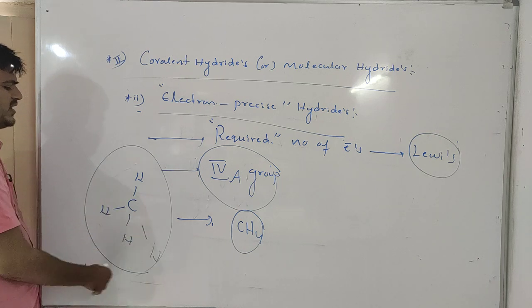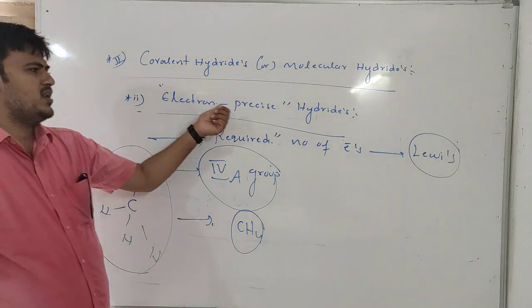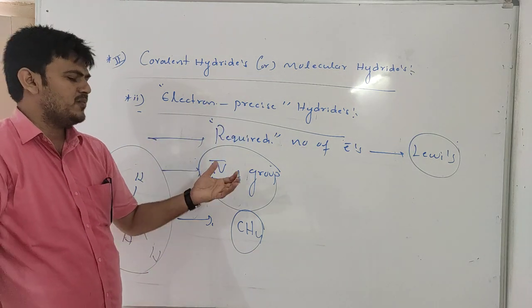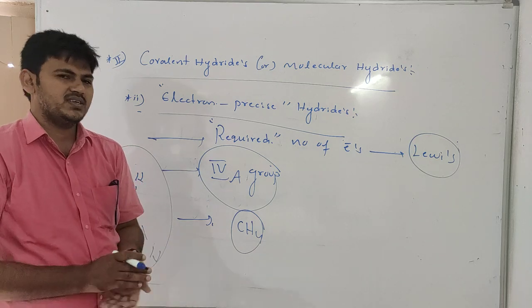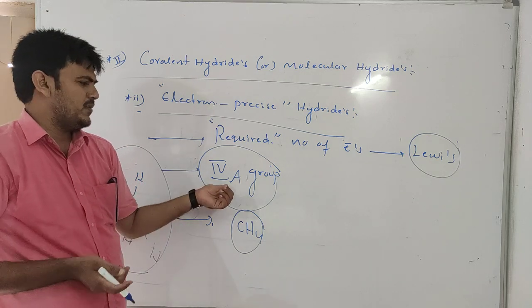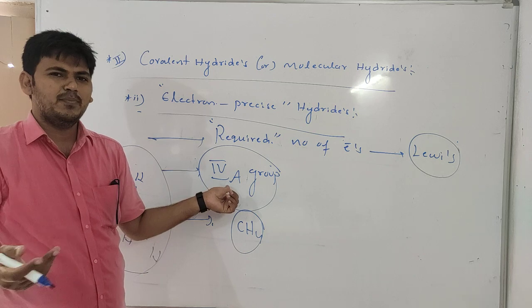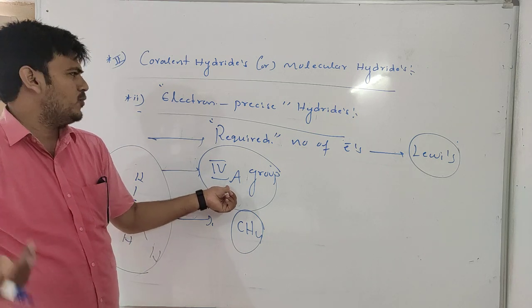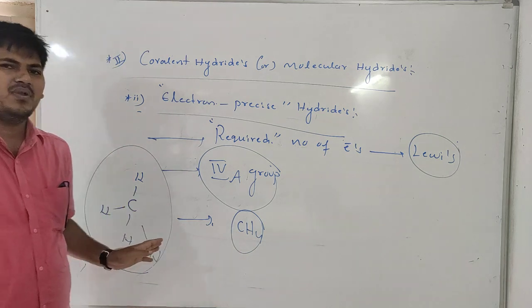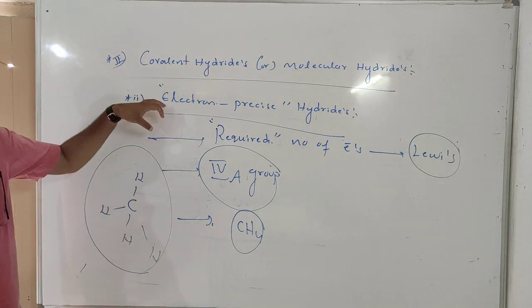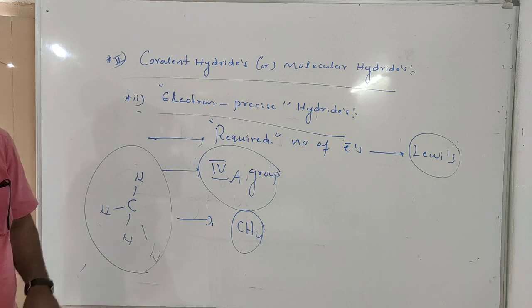Most of the fourth A group elements, like carbon, silicon, germanium, tin and lead, form electron precise hydrides. Best example methane, CH4, and the structure of electron precise hydrides is tetrahedral.